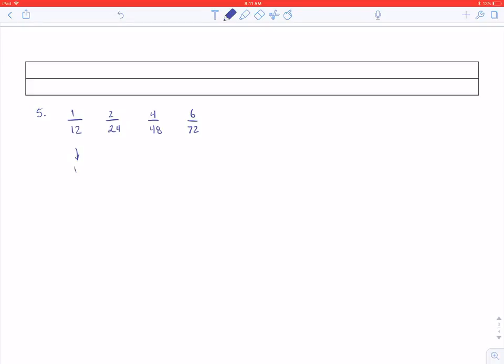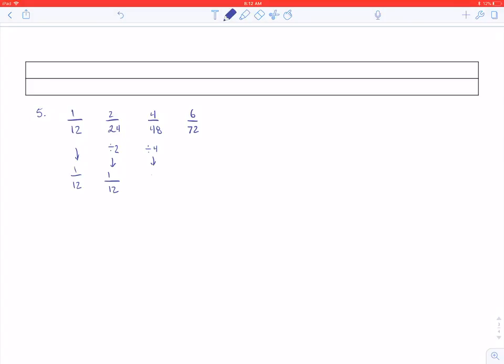Well, 1 over 12 is already in simplest form, so we're just going to keep that as 1 over 12. 2 over 24, the only number that's going to go into both 2 and 24 is going to be 2, so we're going to divide both of those numbers by 2. 2 divided by 2 is 1. 24 divided by 2 is 12. 4 over 48, 2 can go into both of those, but so can 4.